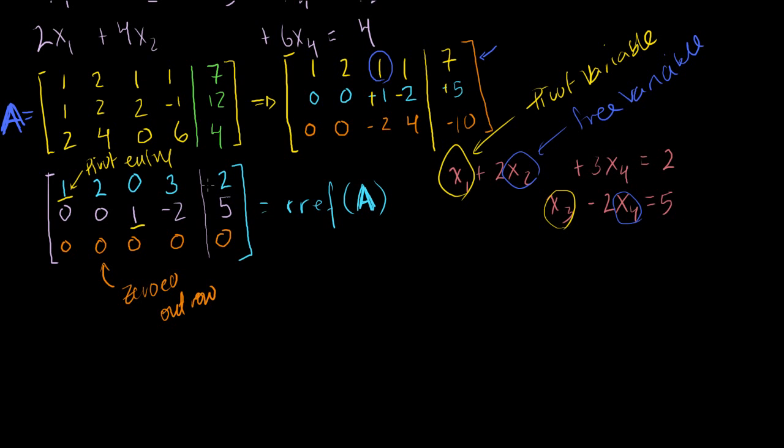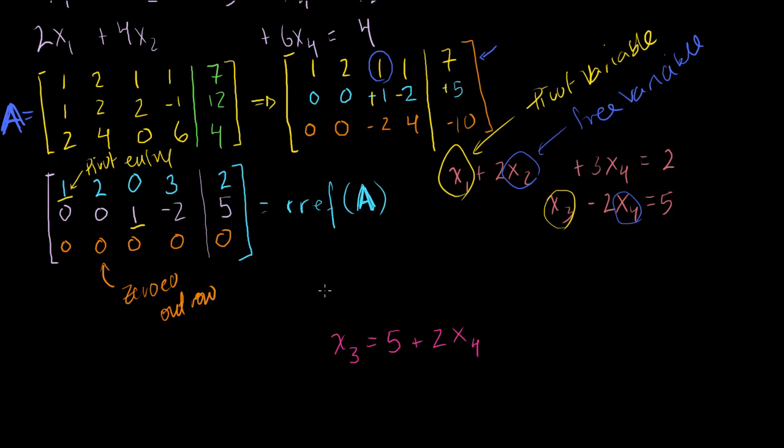So let's solve for our pivot variables, because that's all we can solve for. This equation tells us x3 is equal to 5 plus 2x4.